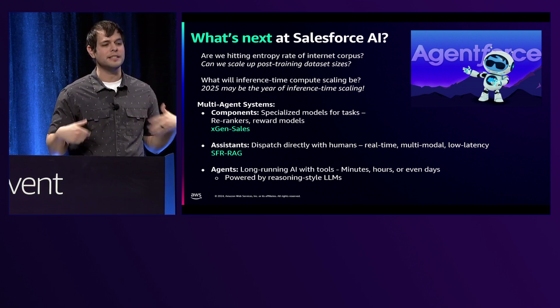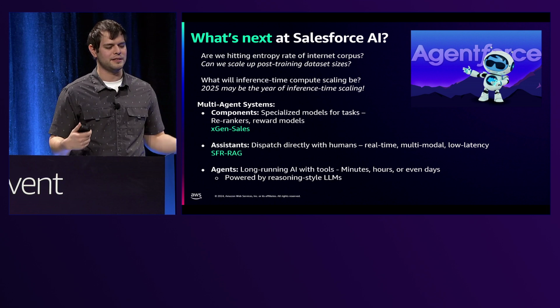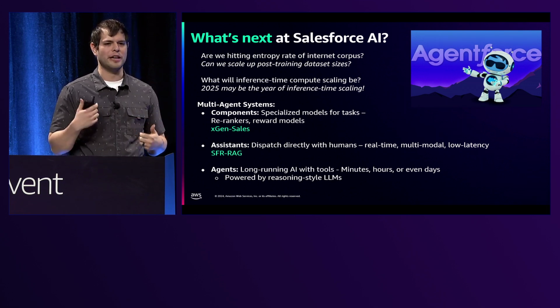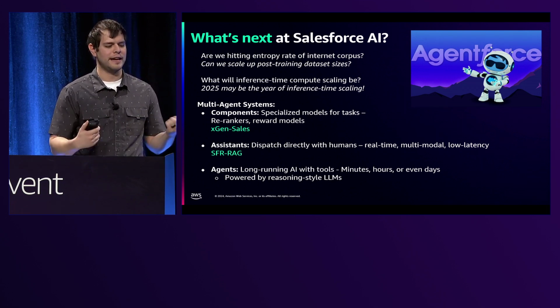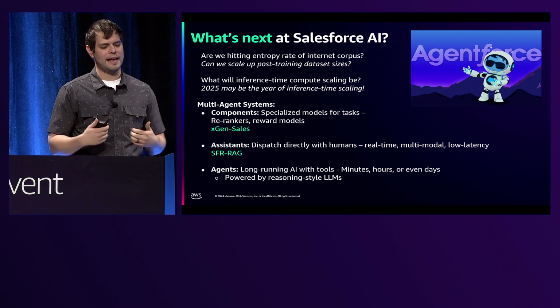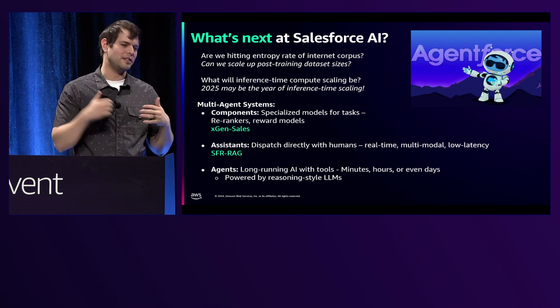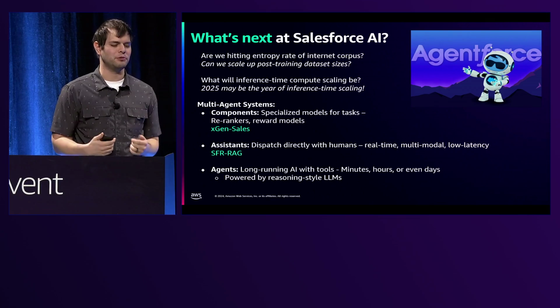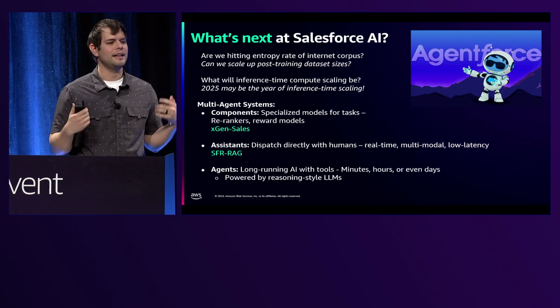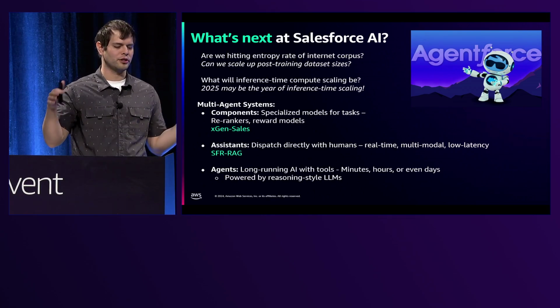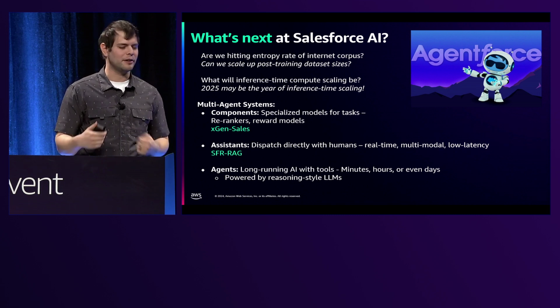I think we're going to continue to see growth and improvement in assistants, especially in how they're able to connect and interact with humans and dispatch, essentially call out and connect humans to what I imagine will be long-running AI that run long-term processes that could take minutes, hours, or even days.